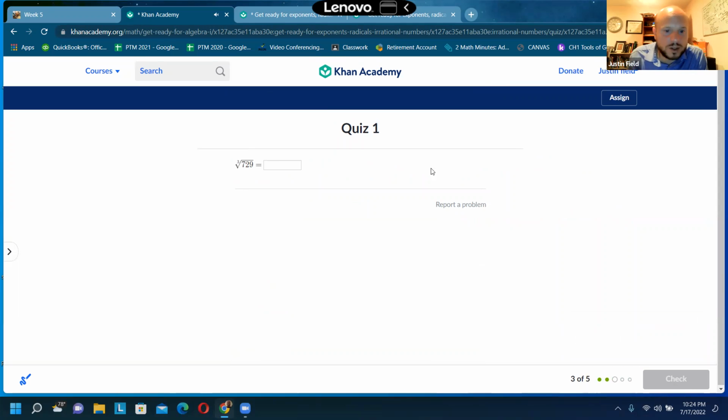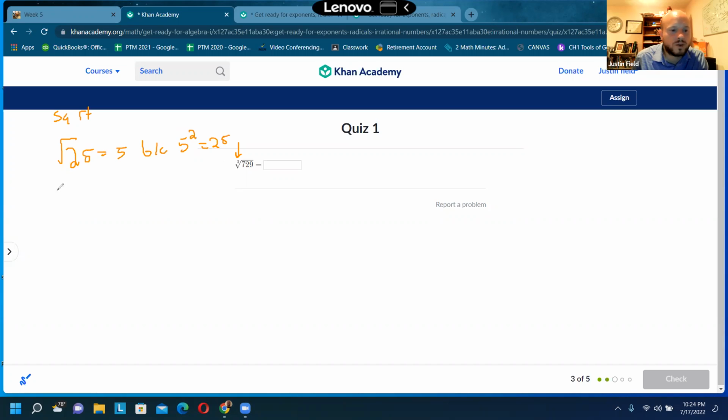The cube root of 729, what does that little 3 mean? And also the square root. Let's talk about the square root first. The square root of 25 is 5 because 5 squared equals 25.